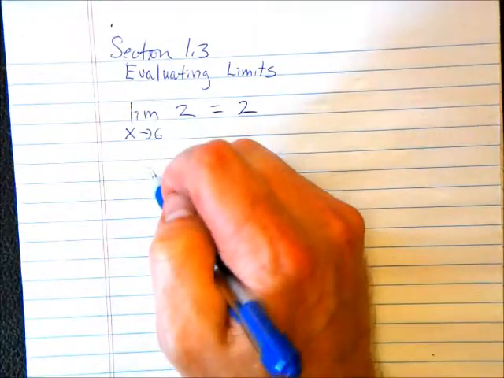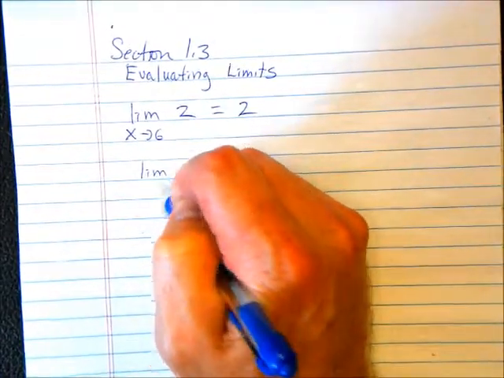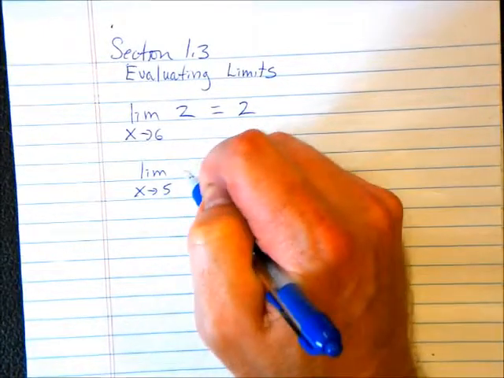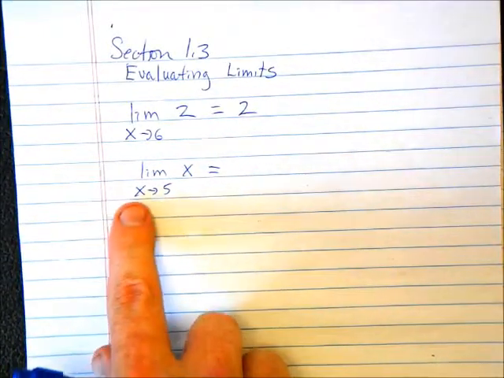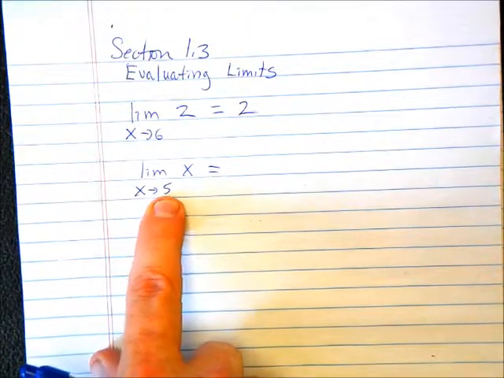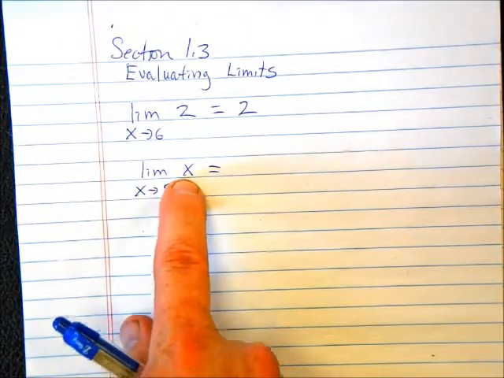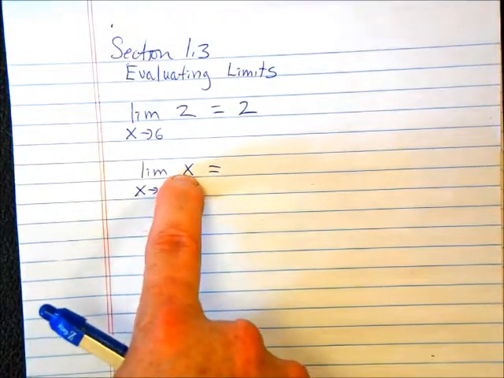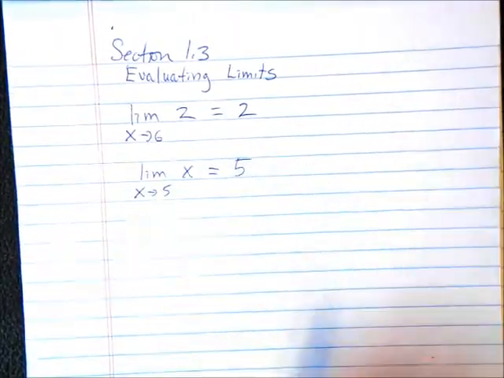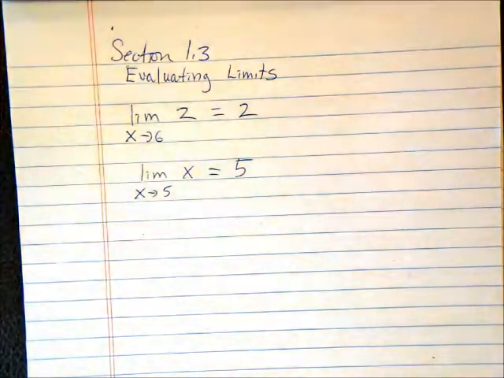The second theorem says the limit as x approaches 5 of x is... Well, if x is getting close to 5, then x is getting close to 5. Yeah, I think that one's pretty obvious, right? So that's what the second theorem says.